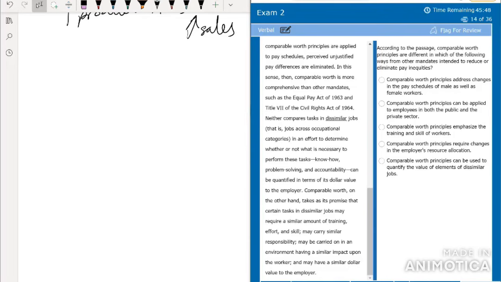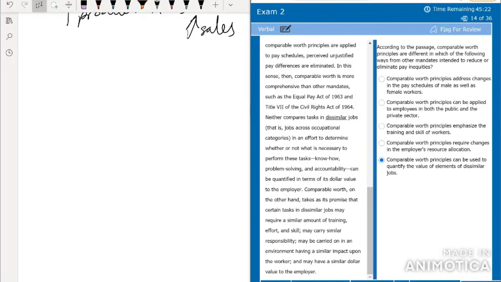Okay, well, they don't, nothing to do with pay schedules. No, you can do public and private sector. Okay, so they can quantify the value of elements of dissimilar jobs. Yeah, because they're comparing different jobs but the same task. So happy with that.